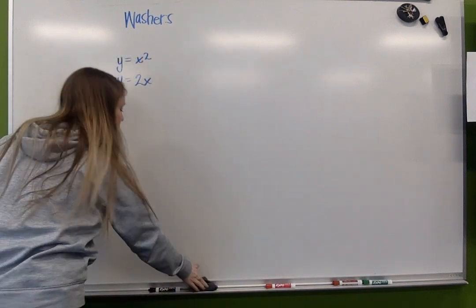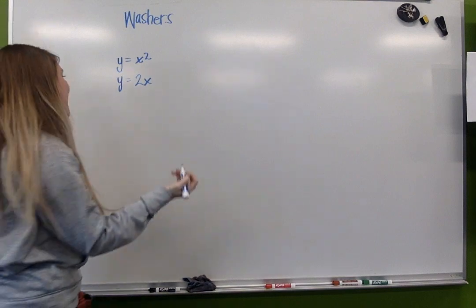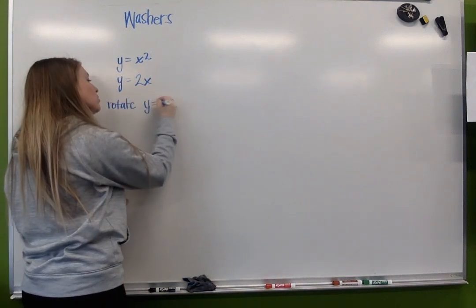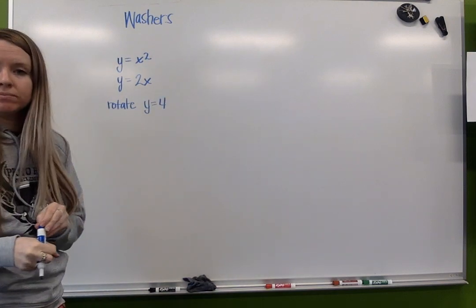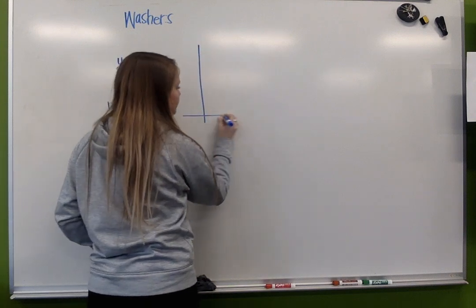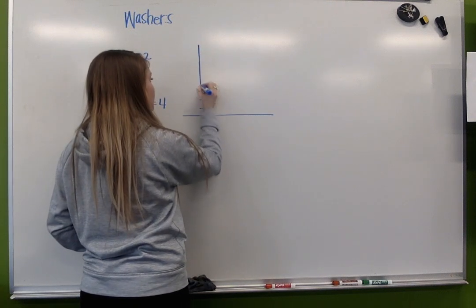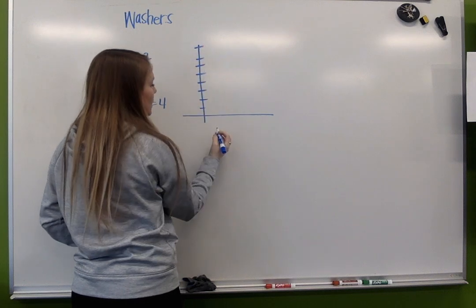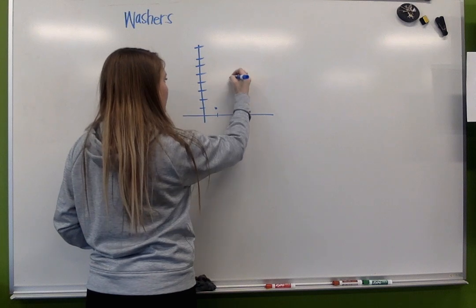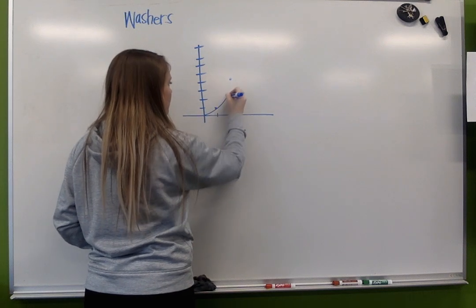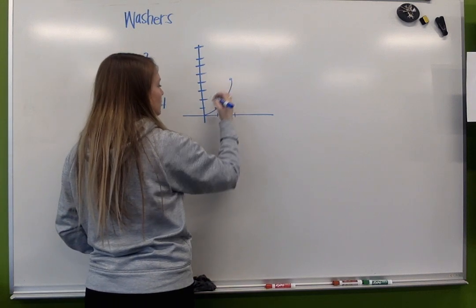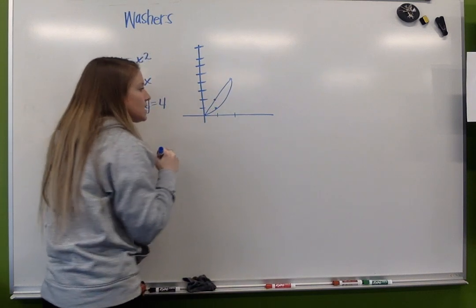So we're still going to use our same functions, but now we are going to rotate around the line y equals 4. All right, so let's give it a little bit of a visual here. Same function, still going to get my quadratic going here. So that's this guy. Then I'm going to get my 2x, which is this guy.